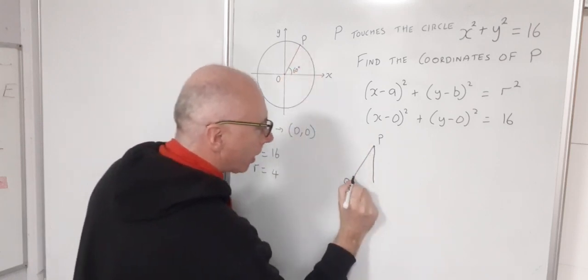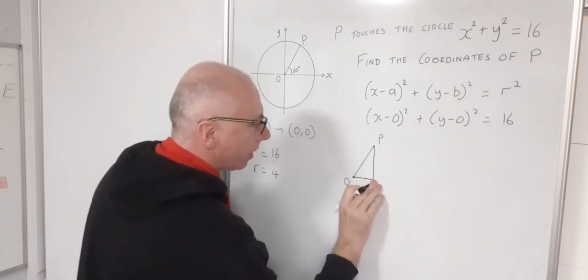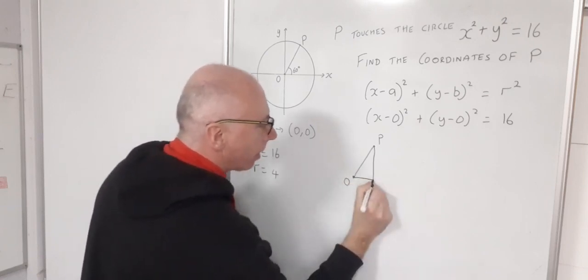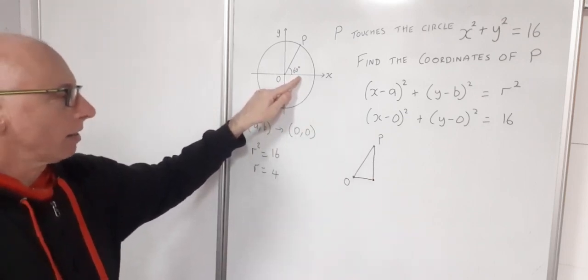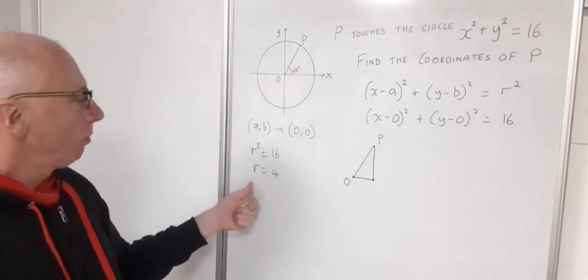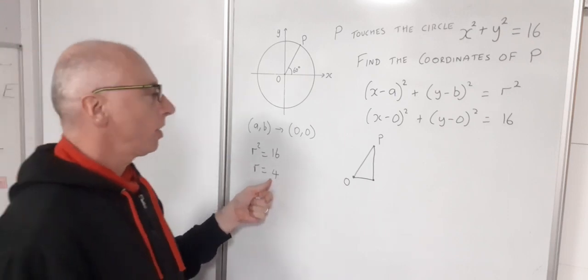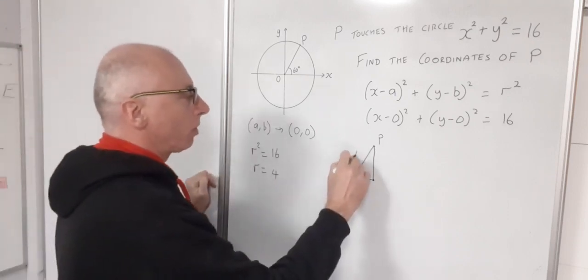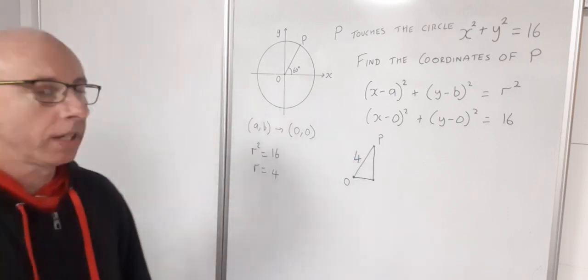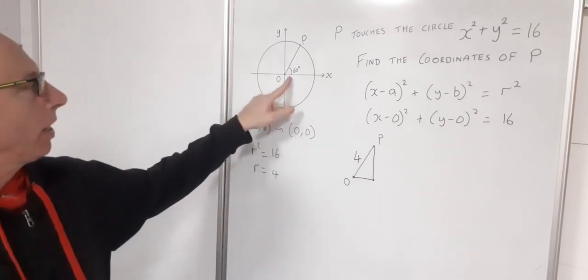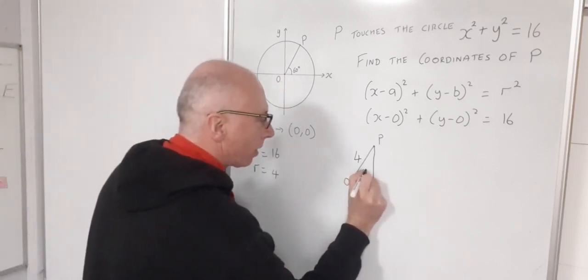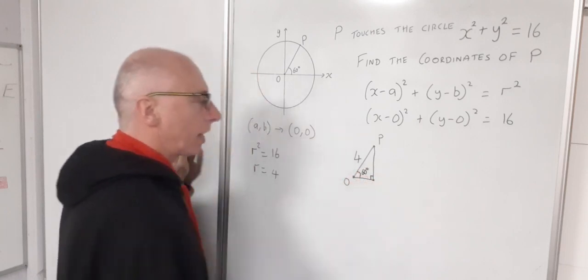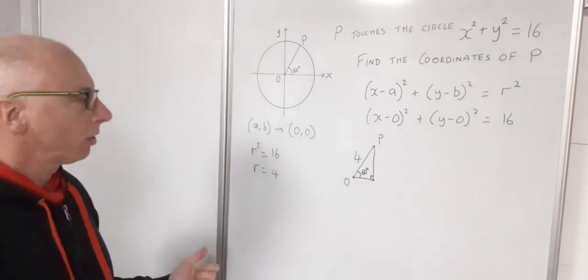And then we draw a line along to represent our x-axis, and this point here will be around about here where it meets the x-axis. So now, with what we've just deduced, our radius is 4, so the hypotenuse of this triangle is 4. Now we know the angle here is 60 degrees, and that will be a right angle. So we've got a right angled triangle.